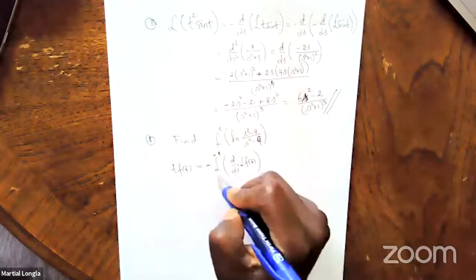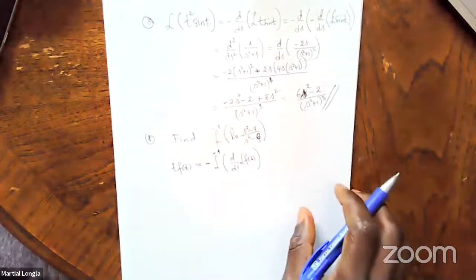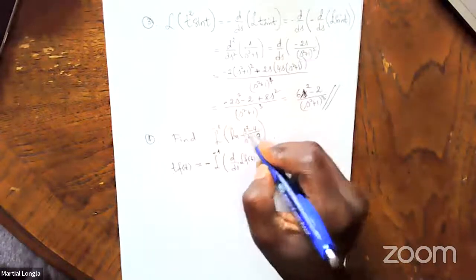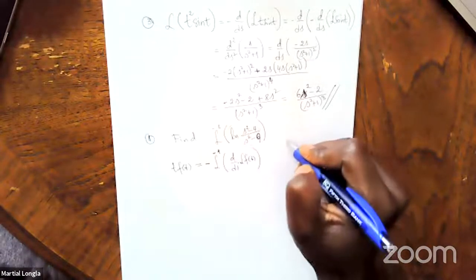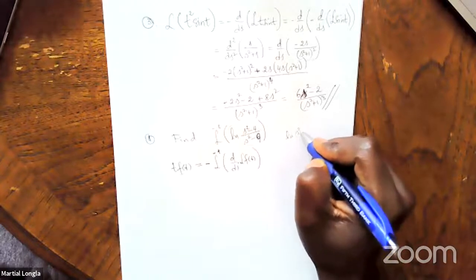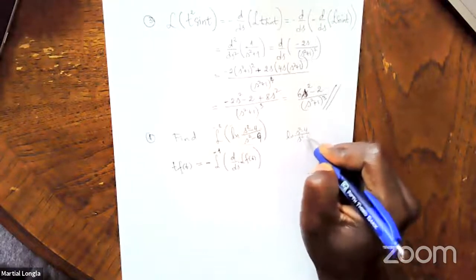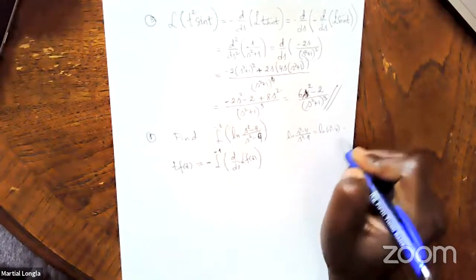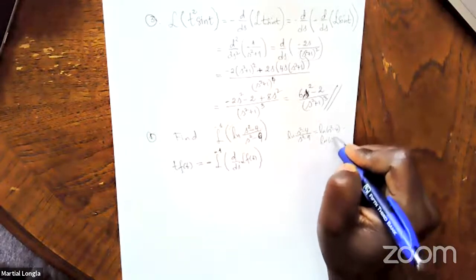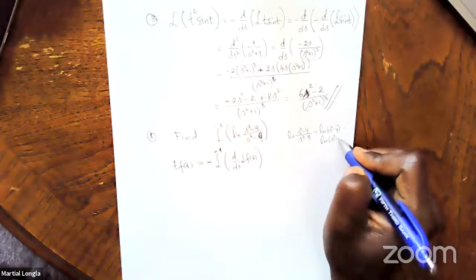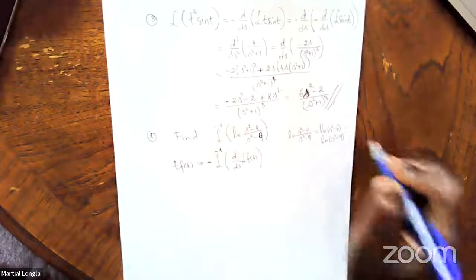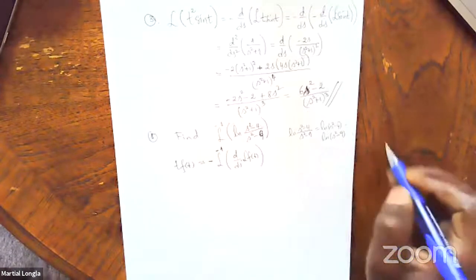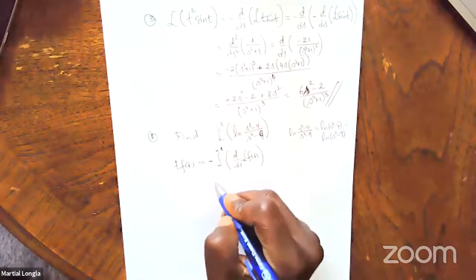So here, what is going to happen is we are going to split this thing, natural log of (s squared minus 4) over (s squared minus 9). It's natural log of s squared minus 4 minus natural log of s squared minus 9. And I'm going to take the derivative of each of them in this formula.